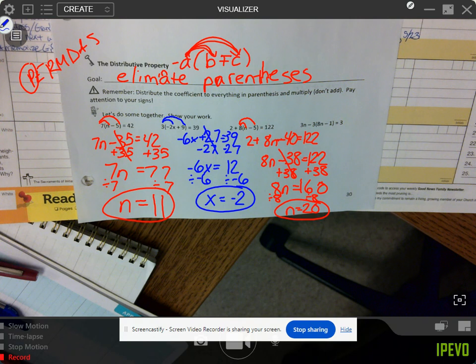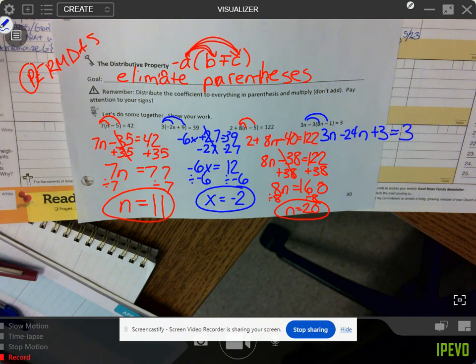Negative 3 starts with, you do -3 times 8, and you get -24n. And then you do -3 times -1, and you get positive 3, so it's plus 3. You just bring down the rest of your equation, equals 3.